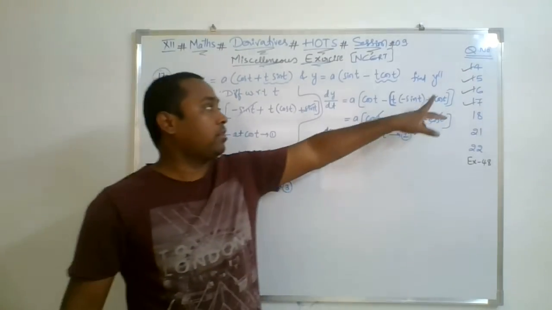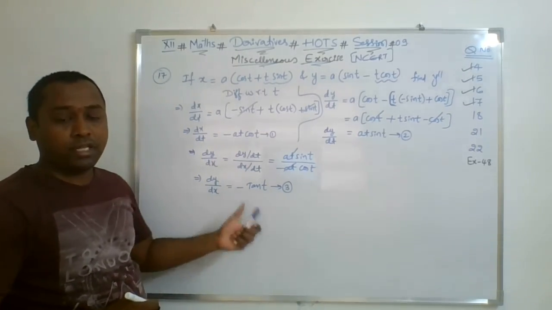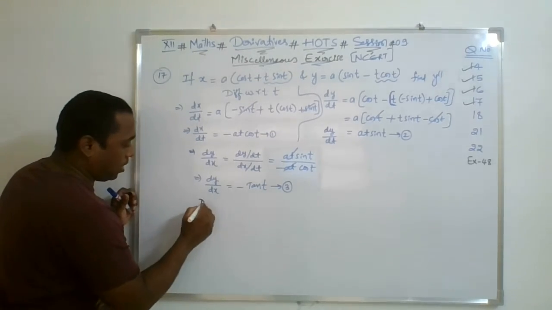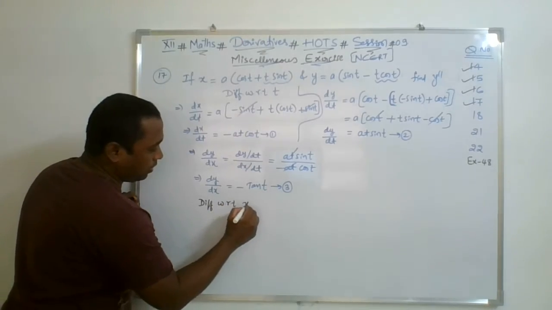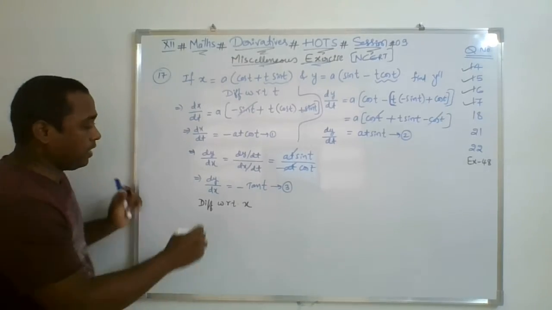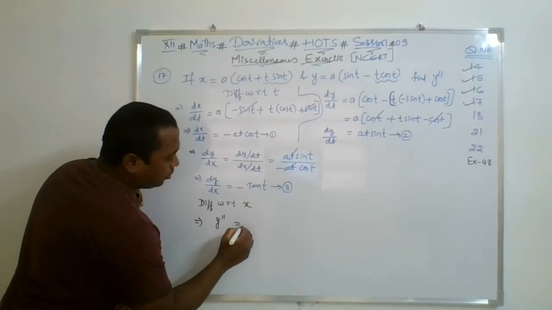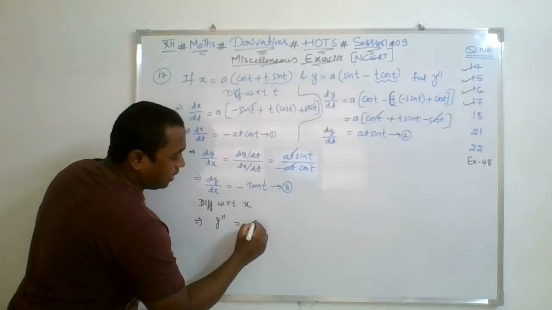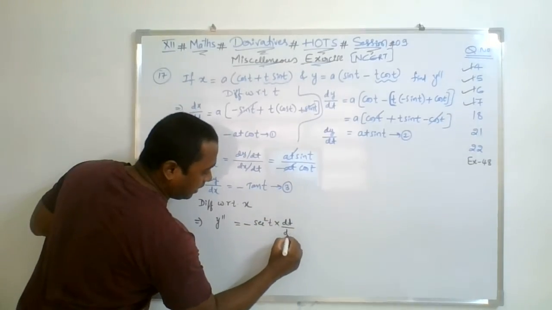But I required the double derivative. Now see the important aspect of this question. Take again the derivative with respect to x. Now I am doing the derivative with respect to x because I require d square y by dx square. So if I do that, y double dash equals minus derivative of tan t, which is sec square t into dt by dx.